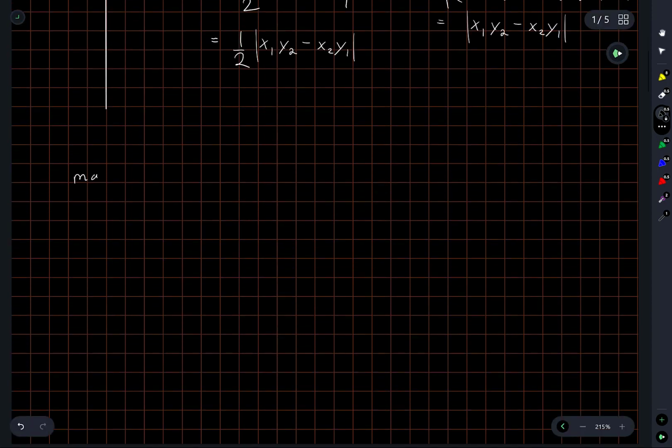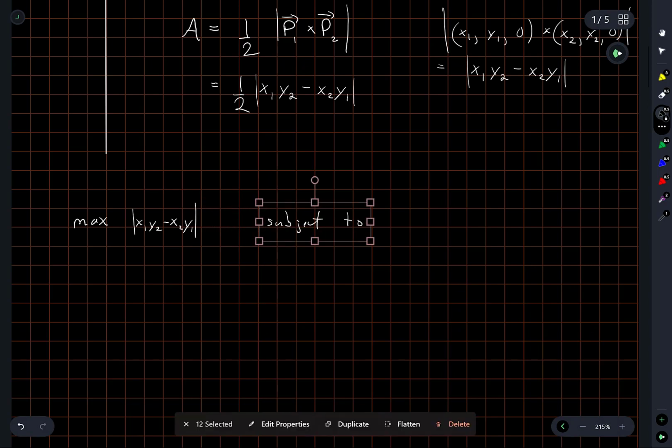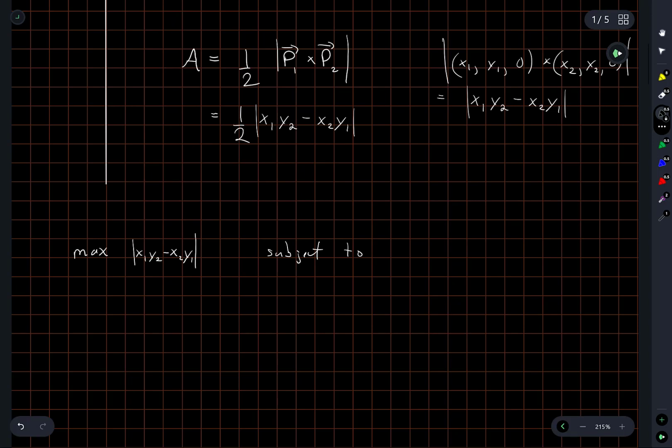So what I'm trying to do here is maximize A. Subject to, let me just write this out, maximize the absolute value of x1 y2 minus x2 y1. I don't need the factor of a half here, because maximizing the area is the same as maximizing twice the area.